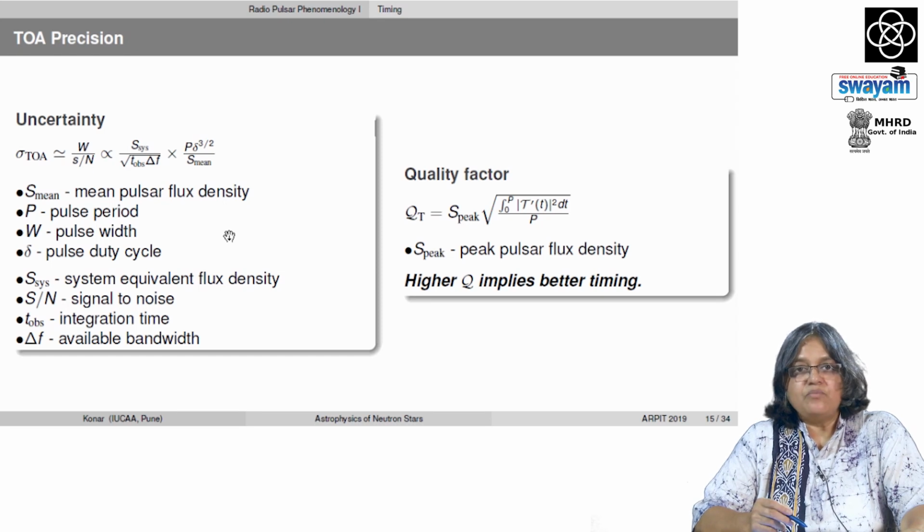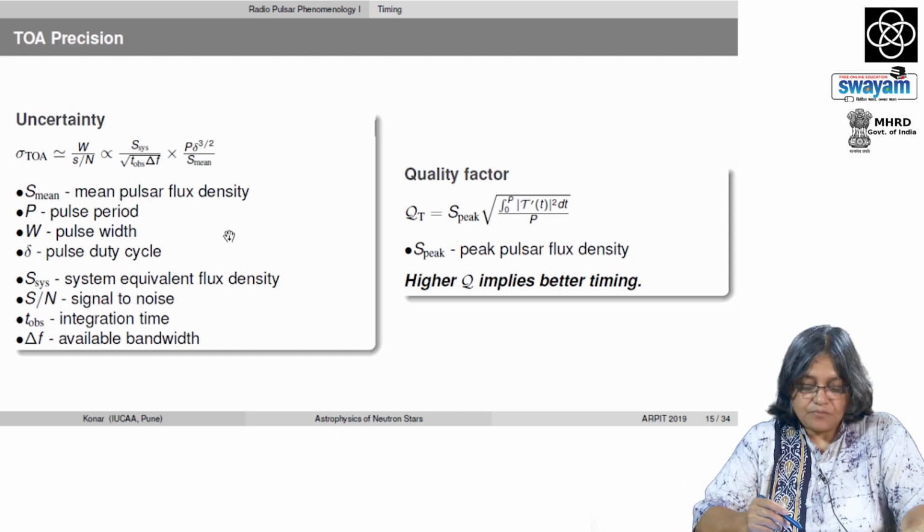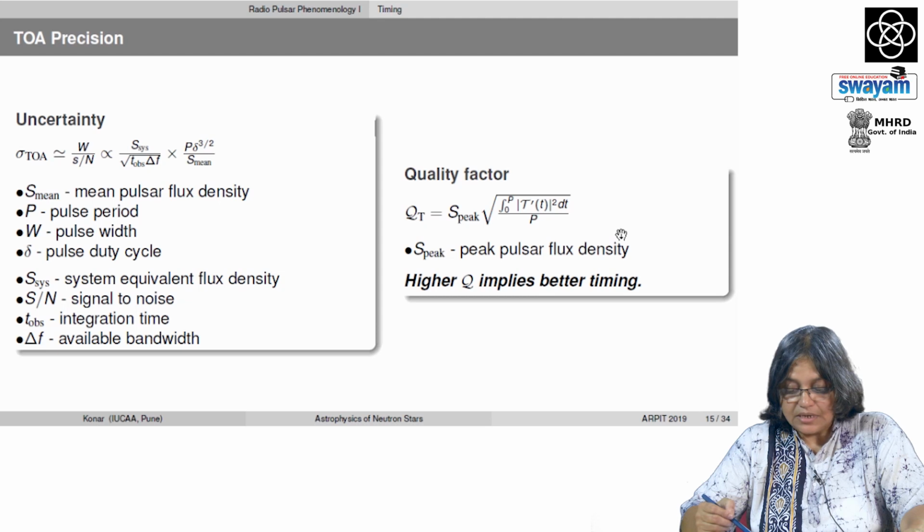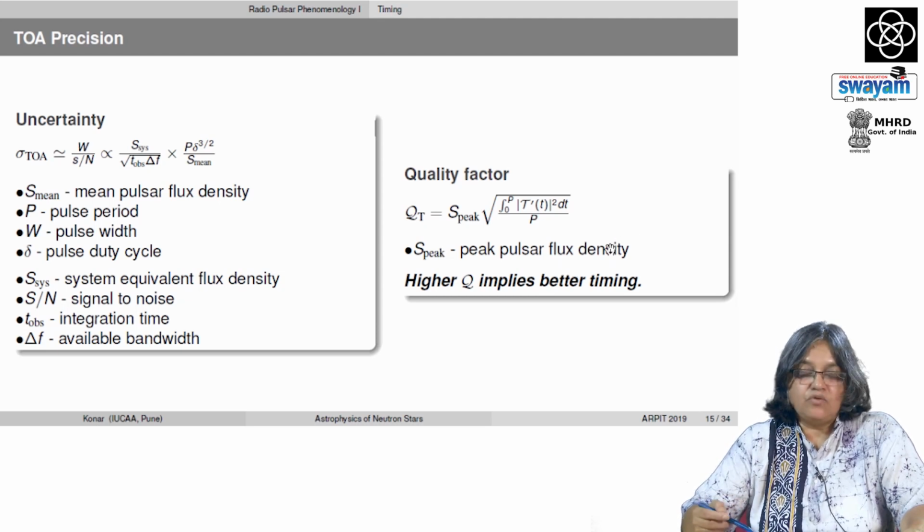By duty cycle one means the time for which the pulse is observed within one spin period. There is also another quantity called the quality factor, which is defined by this formula, where S peak is the peak pulsar density. Higher value of Q implies we are doing a better timing of the pulsar.